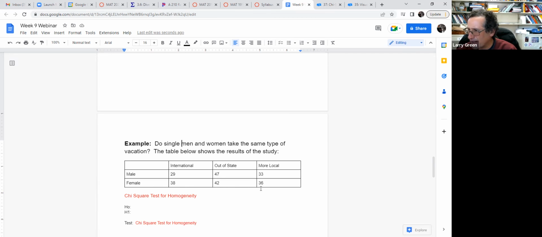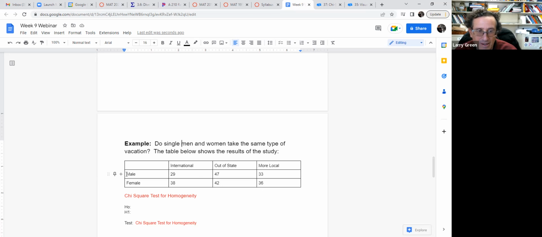This is different. It's very similar to the goodness of fit test, except for goodness of fit, you have two groups. One, you know the population's distribution, the other you don't, and you want to see if the one you don't know is the same as the one you know.